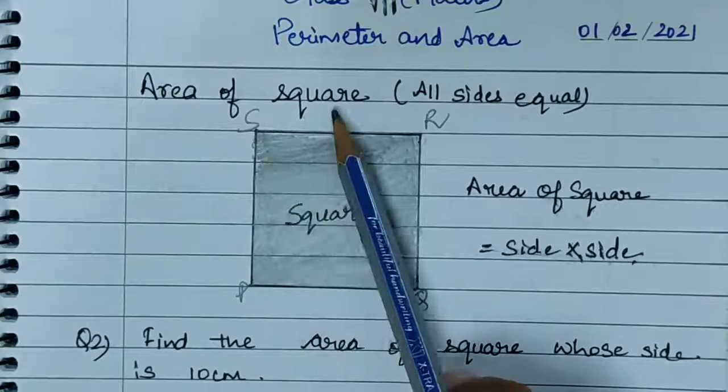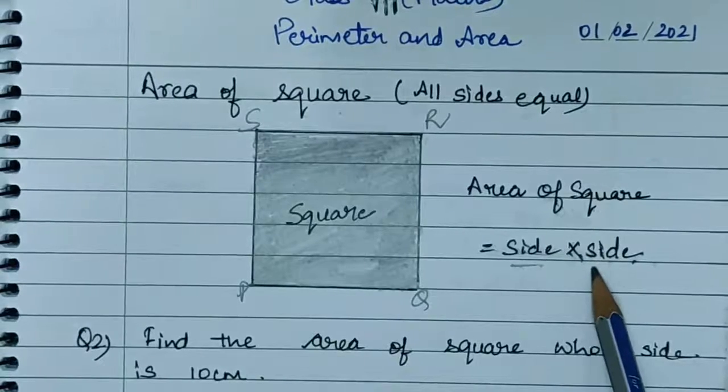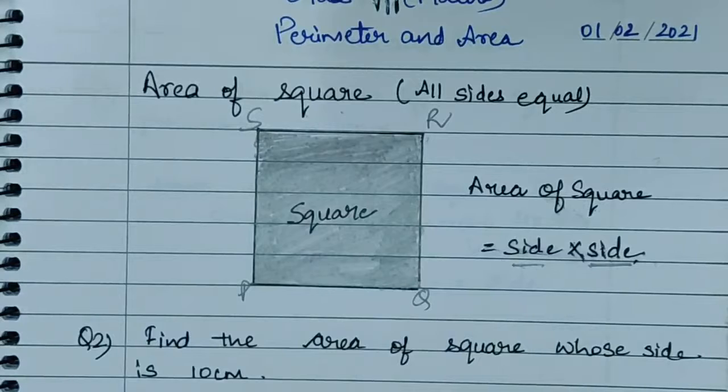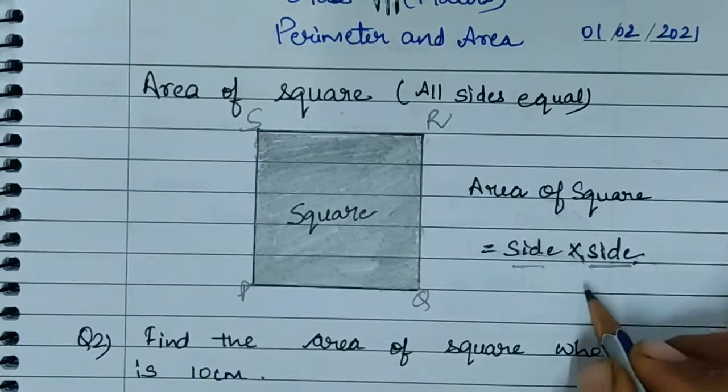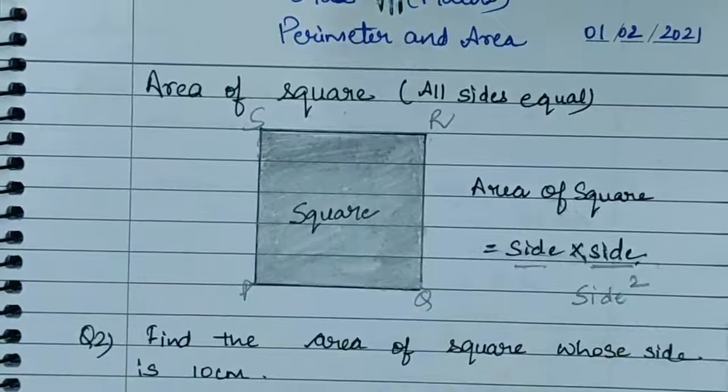The formula for area of a square is side multiply side, or in short we can also say the area of a square is side square. Clear?